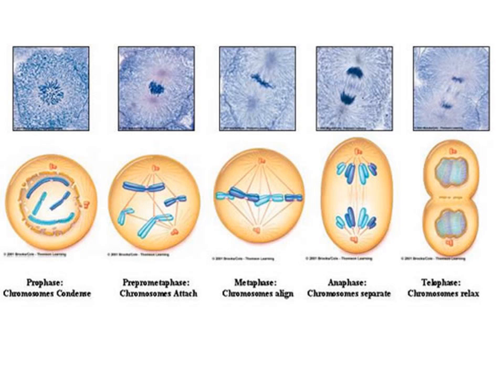This document shows the cells in different phases of mitosis. The first picture is the cell during the beginning of prophase, where the chromosomes are condensed and the nuclear membrane starts to disappear.